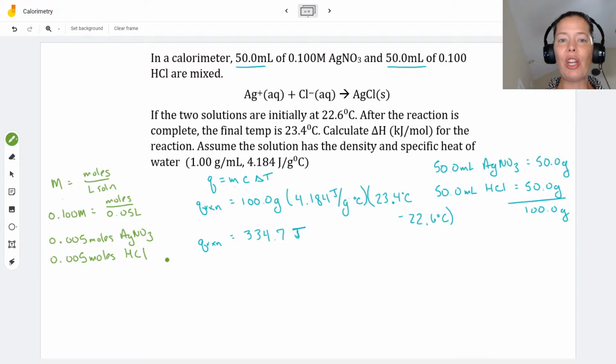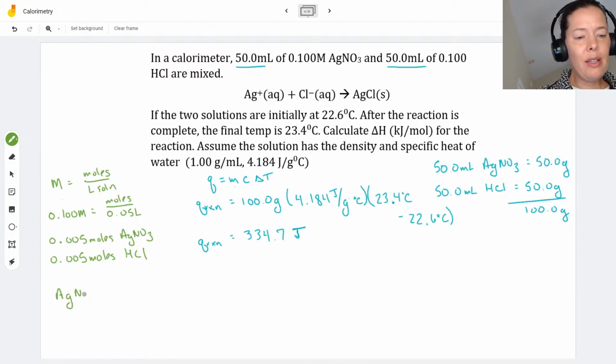Now let's double check because we are given a net ionic equation. I've calculated moles of silver nitrate, but how many moles of silver ion do I have? If silver nitrate is dissolved in solution, I'm going to get silver ions plus nitrate ions.